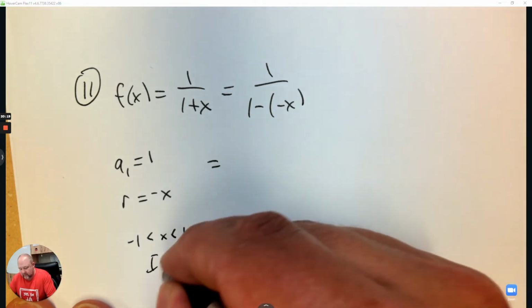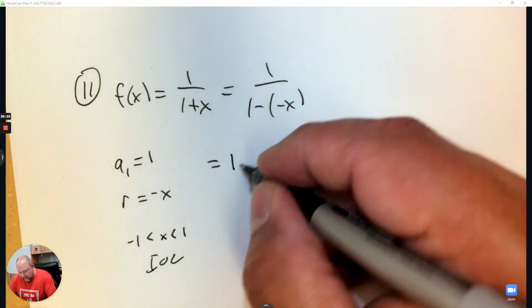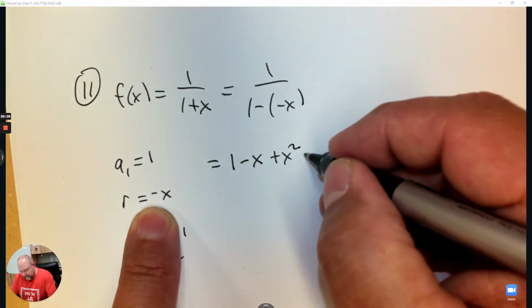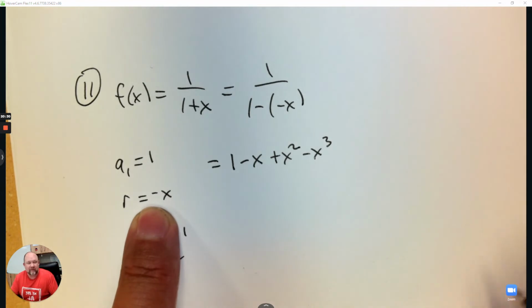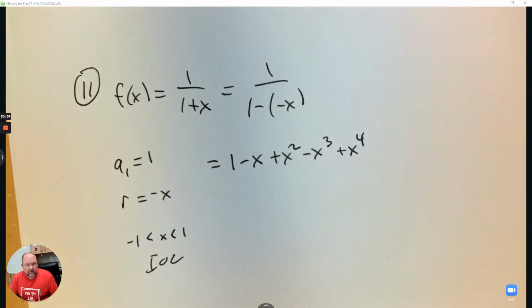That's the interval of convergence from -1 to 1. So the first term is 1. Then you multiply by negative x, multiply, and so on. When you simplify it, it's the same answer. And so on.